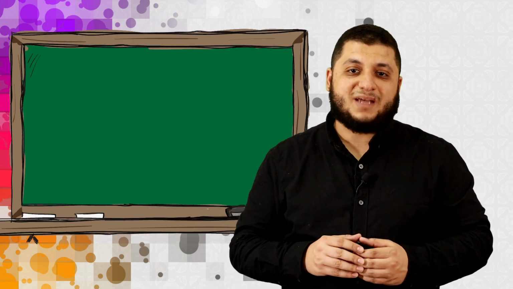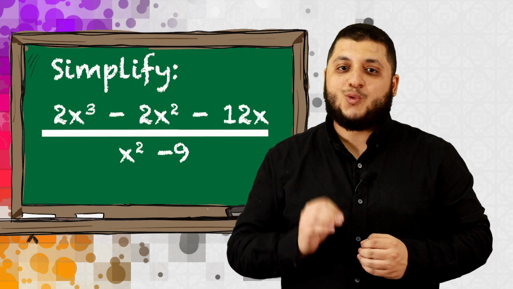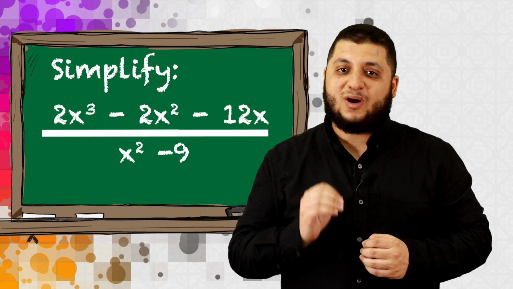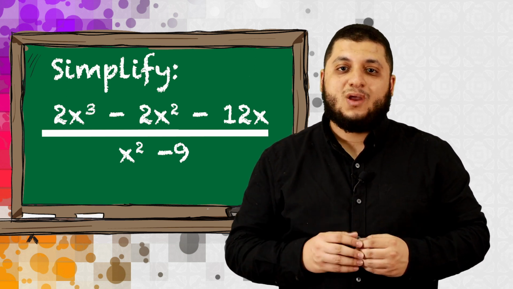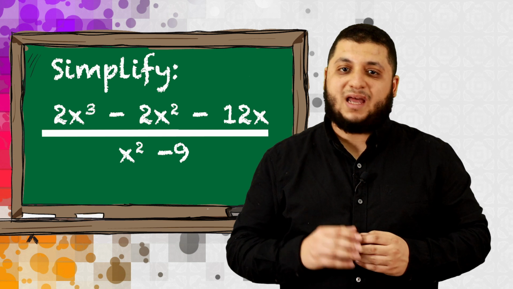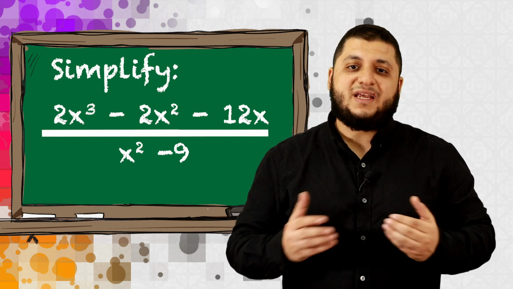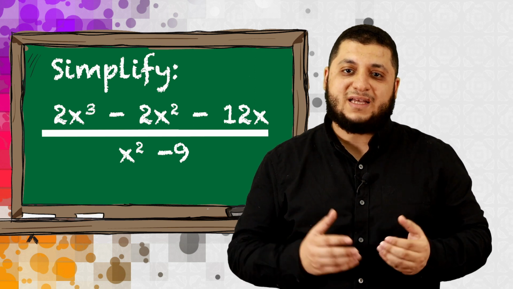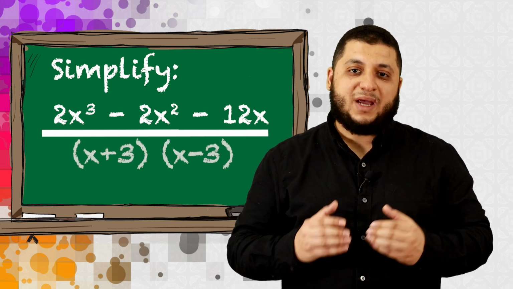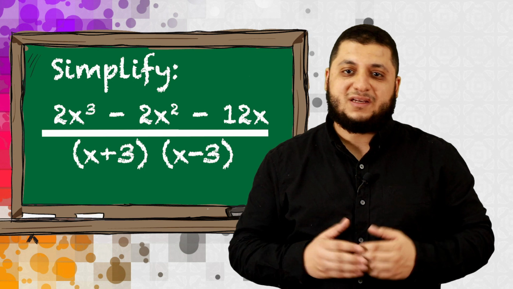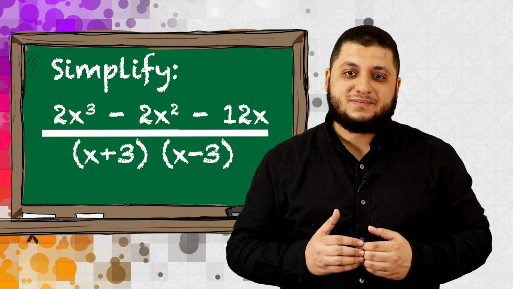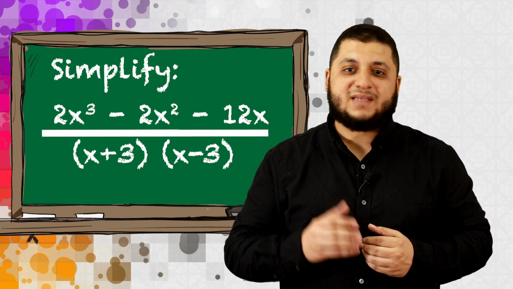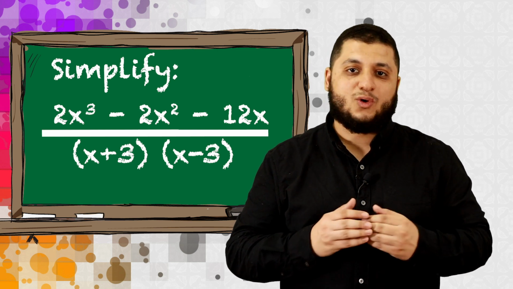Now we have the last example. Simplify 2x power 3 minus 2x power 2 minus 12x over x power 2 minus 9. The denominator here is very easy because it's the difference between two squares, which can be factorized as two brackets, x minus 3 times x plus 3. What about the numerator? We can take 2x as highest common factor between all terms.